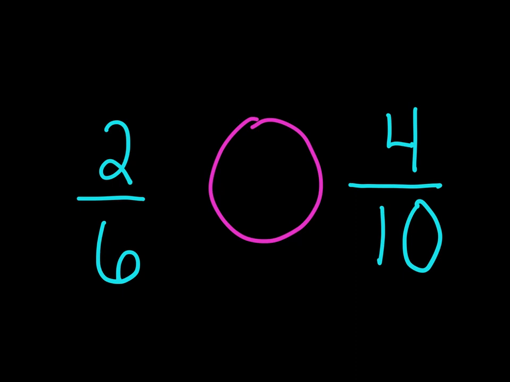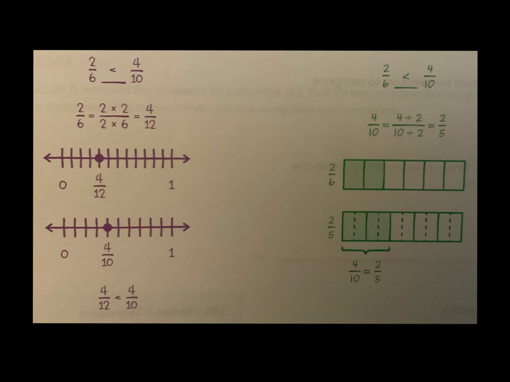2/6 is greater than, less than, or equal to 4/10. So we could actually use a number line and use those benchmarks to help us. We could also use the multiplication to change that 2/6 so it would fit on a number line that's broken up into 12ths.